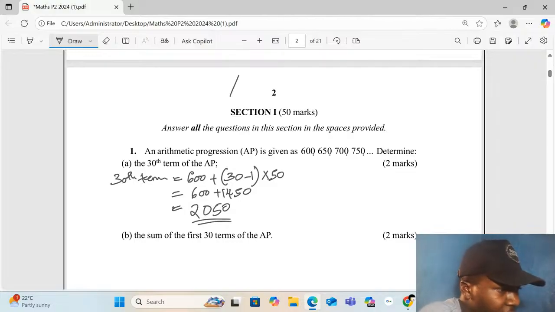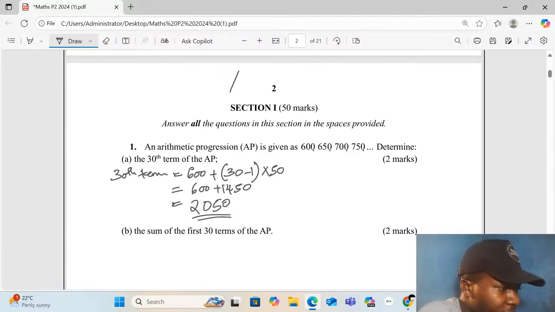So therefore your 30th term of the AP is 2050. That is how you get your 2 marks.